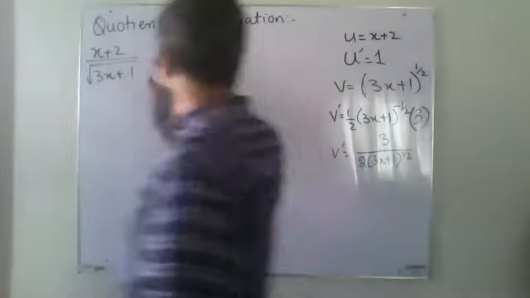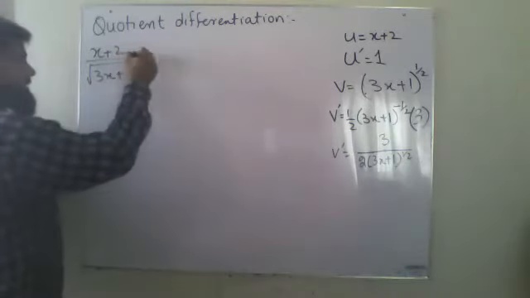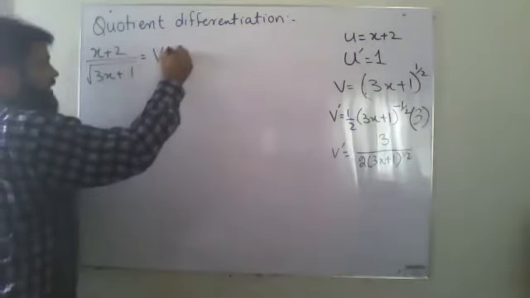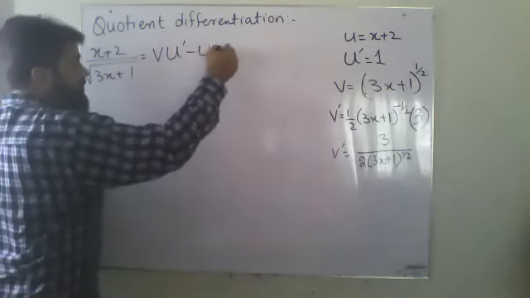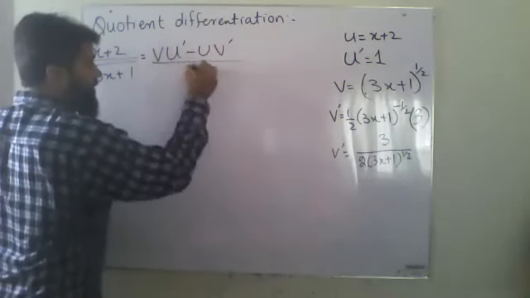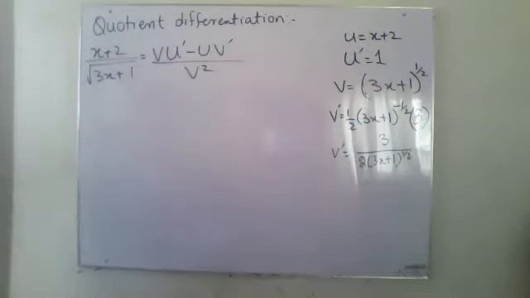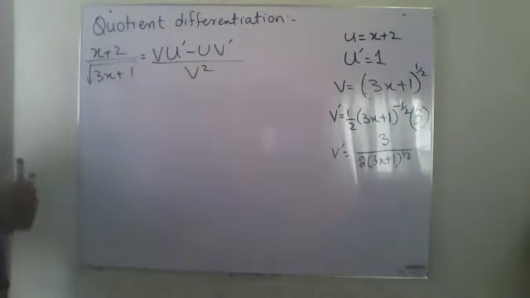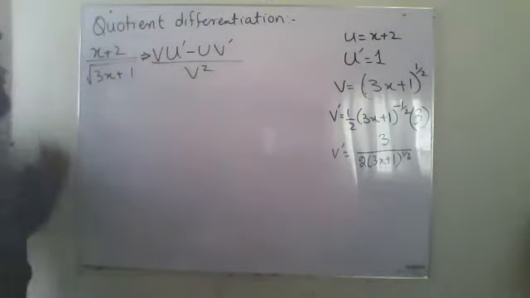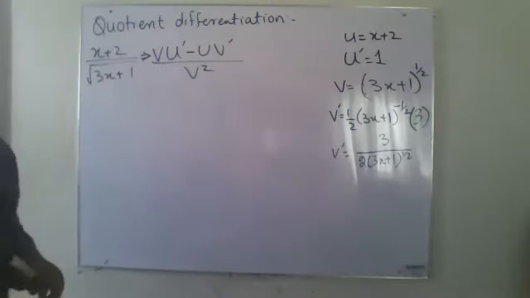Now coming to my formula, which says v u differential minus u v differential over v square. Differentiation of this thing will be done according to this rule. So now I'm going to apply my rule.